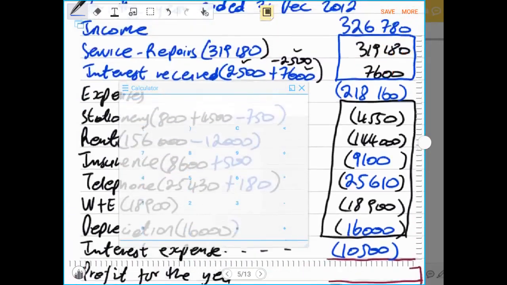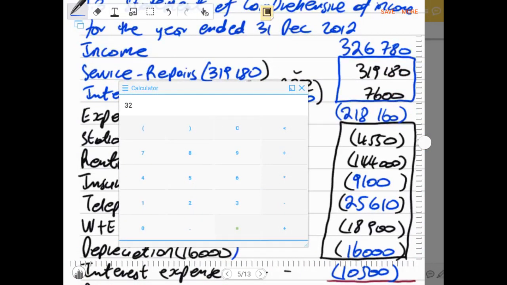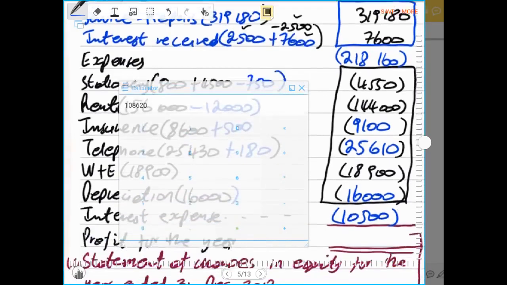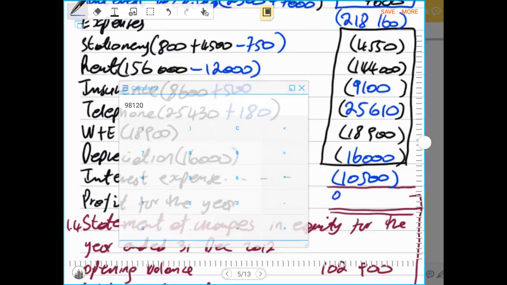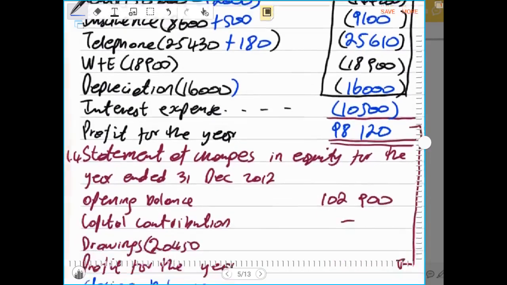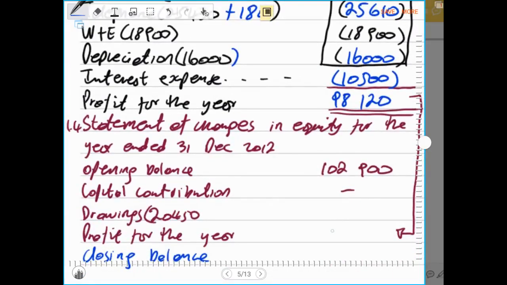Let us confirm it again. That will be 98,120 rands. That becomes our profit for the period.